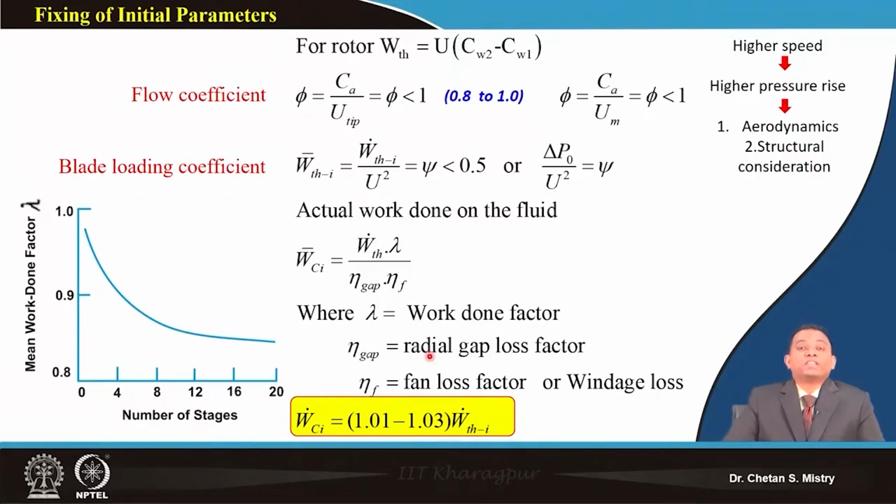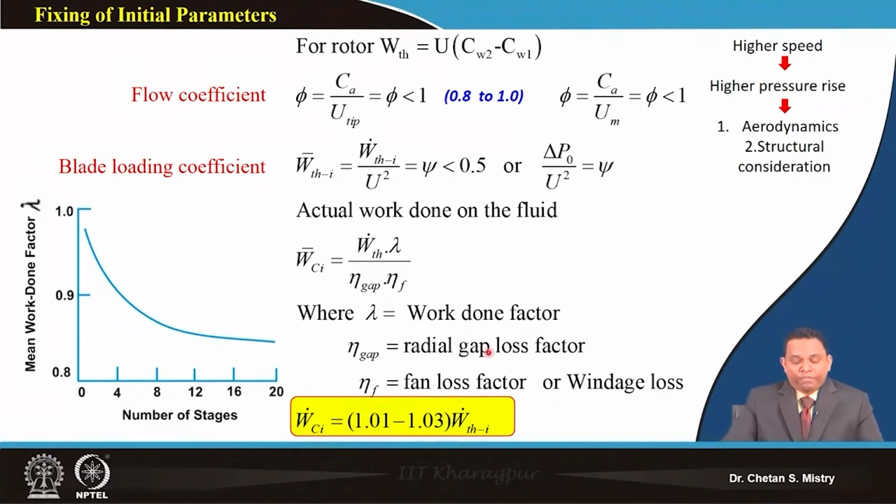Similarly, in many engines we provide a gap between hub and stator blade also. So your blade will not be fixed between casing and hub; that is called a cantilever kind of configuration. And this represents the fan loss factor, which also represents my windage losses.